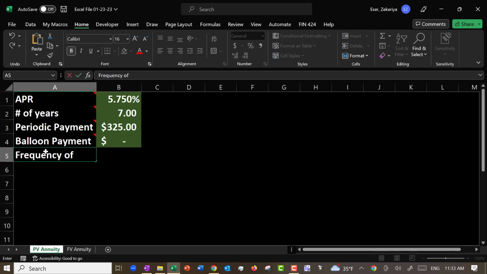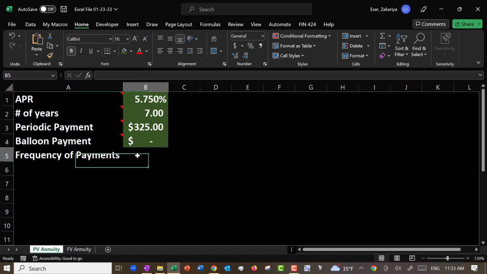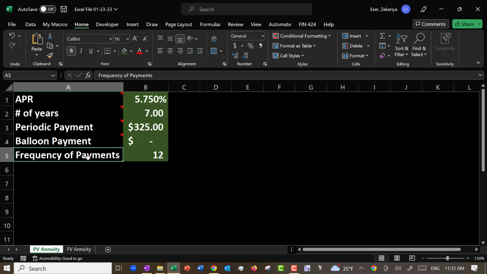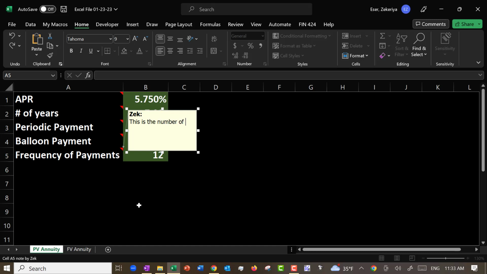Frequency of payments. I'm just going to put 12, for example. This is the number of payments in a calendar year.